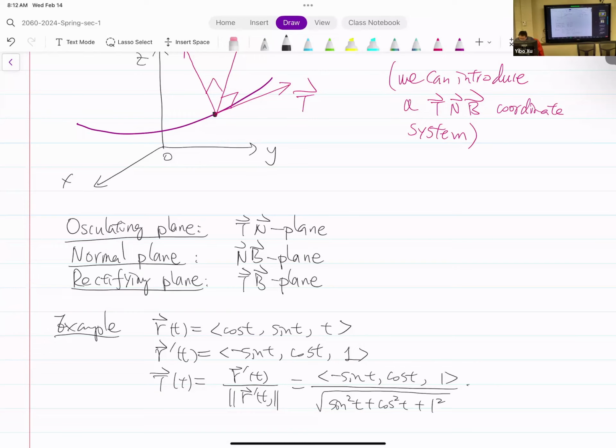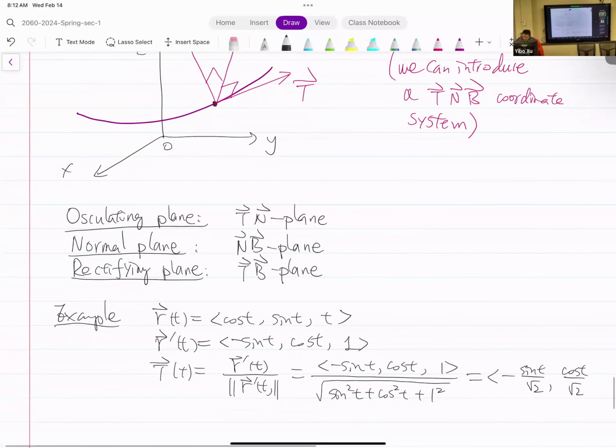And we know that sine squared plus cosine squared is actually 1, right? So it's the Pythagorean theorem. So in the denominator, we actually have what? We have square root 2. Right? So here we just divide component-wise by square root 2. So negative sine t over square root 2, cosine t over square root 2.